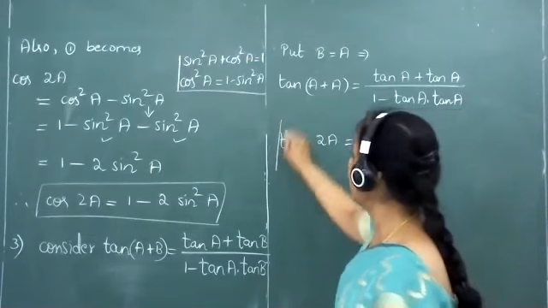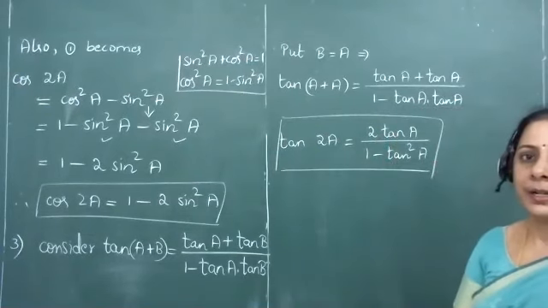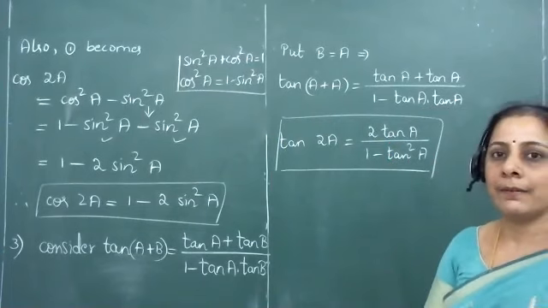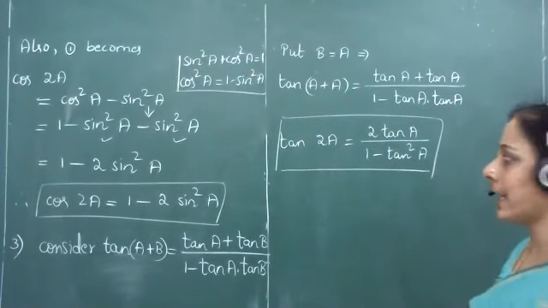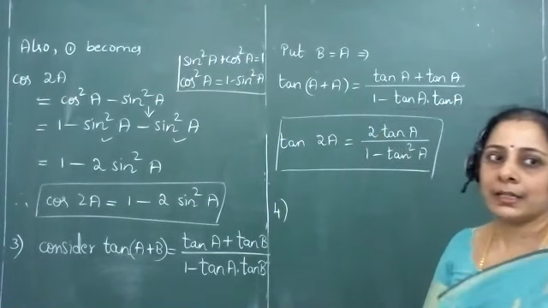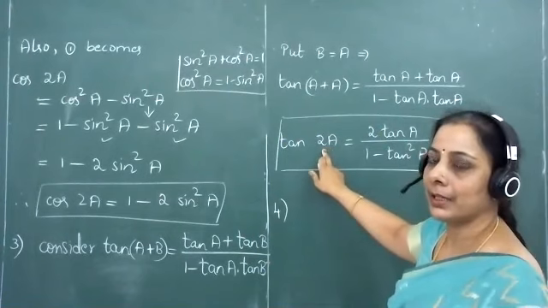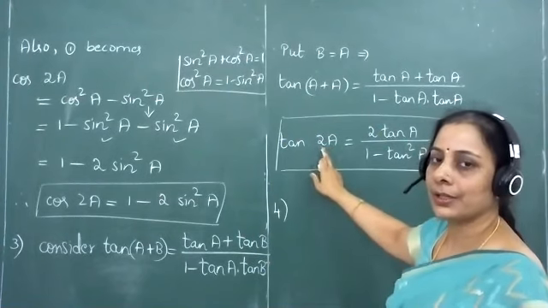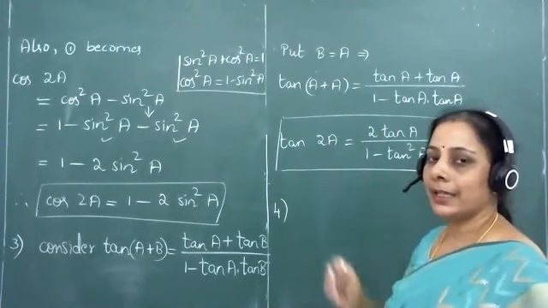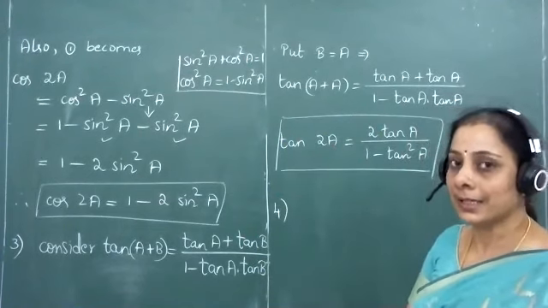So you have the third formula for tan 2a, which is given by 2 tan a divided by 1 minus tan squared a. The first three multiple angle formulae are for this multiple angle called 2a: sin 2a, cos 2a, tan 2a. Now let us see the trigonometric ratios of the multiple angle called 3a.